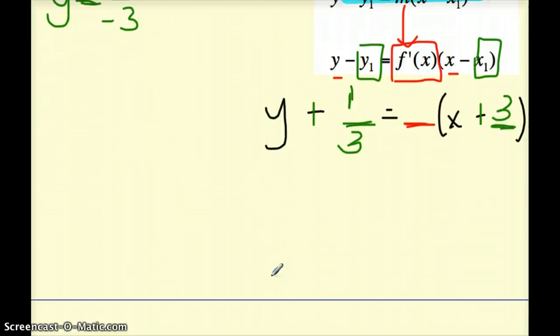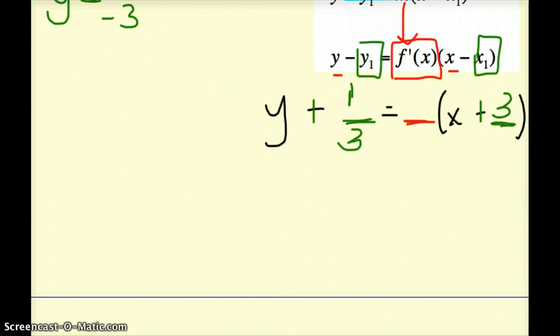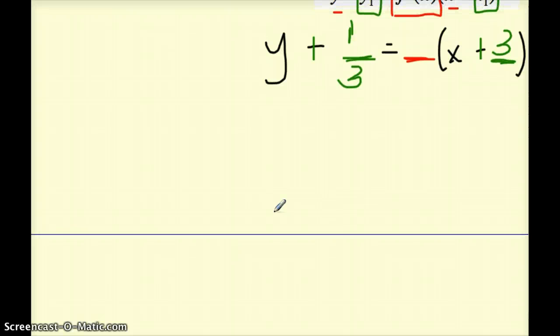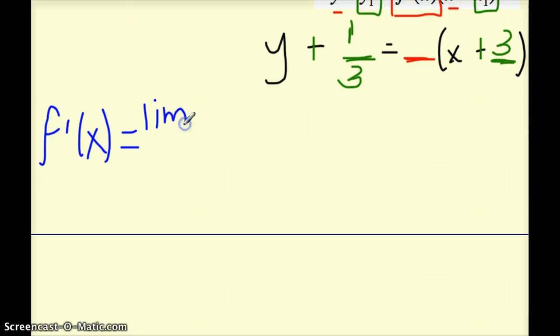So what we are going to do is calculate the derivative the same way that we did in the previous problem. So once again, the derivative is equal to the limit as delta x approaches 0 of the function. Our function right here is 1 over x.